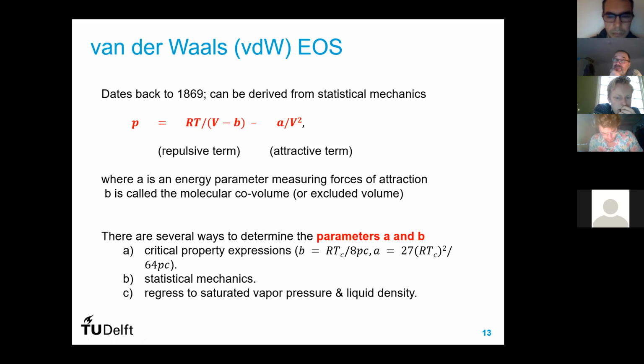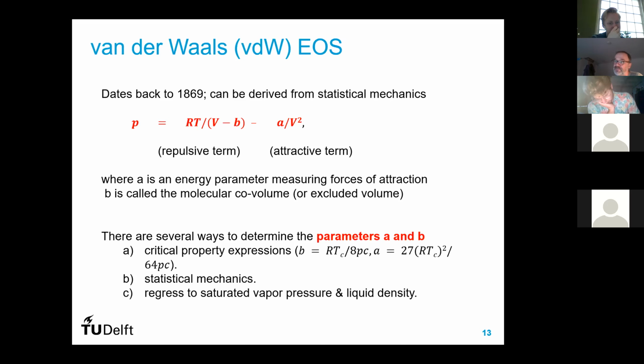Once you introduce this equation of state, there are several ways to derive these A and B parameters. And we're talking right now about pure components. So you just have one component and you want to see how molecules behave when you start increasing pressure, how the volume of this mixture behaves. There are usually 3 ways to determine the parameters.